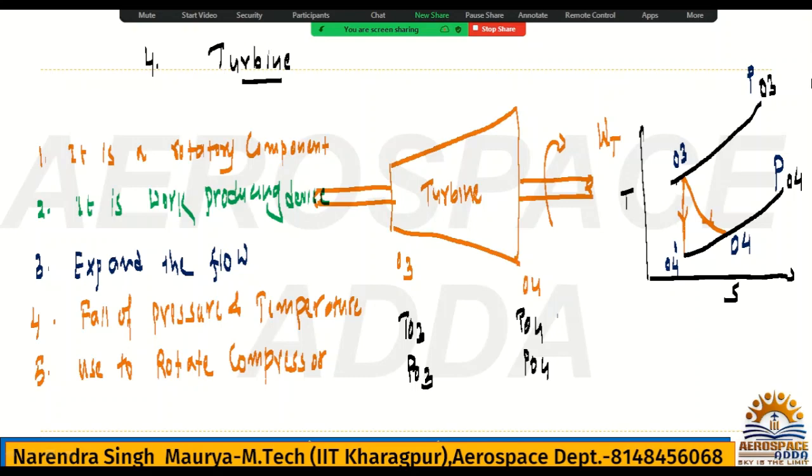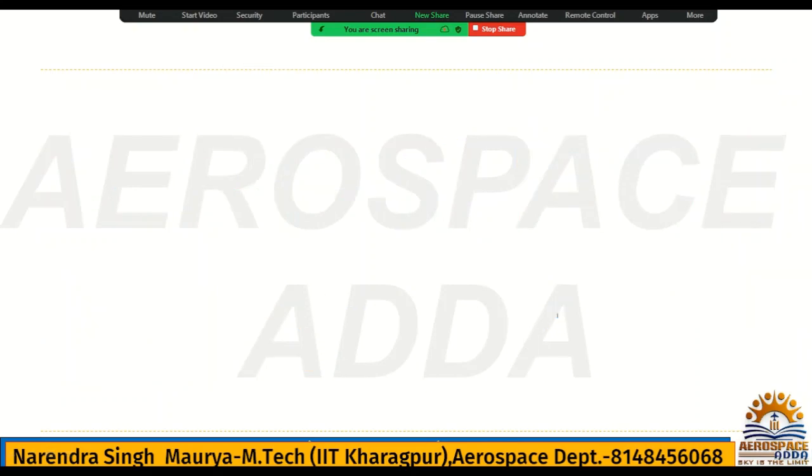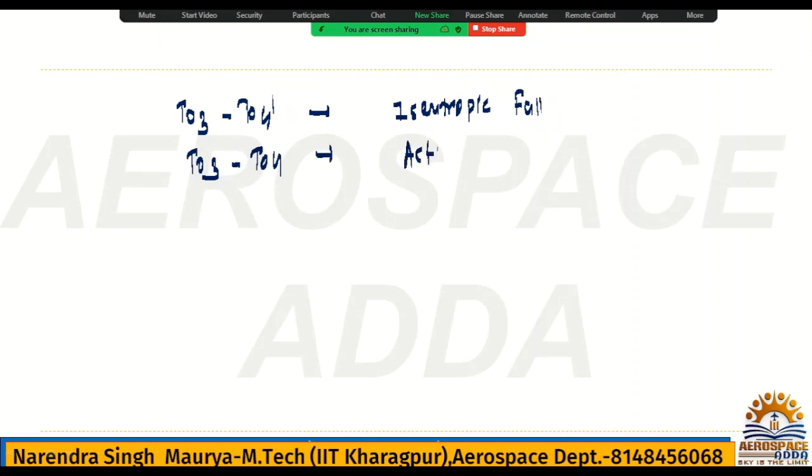So see, this T03 minus T04 dash you can say isentropic fall, okay, and T03 minus T04 is actual fall of total temperature. All right, fine.